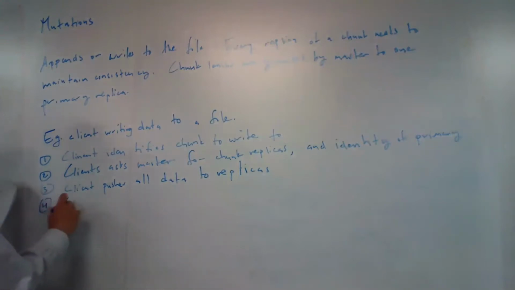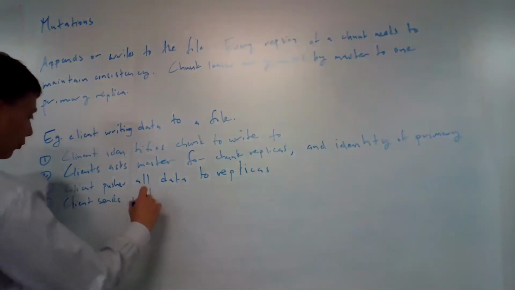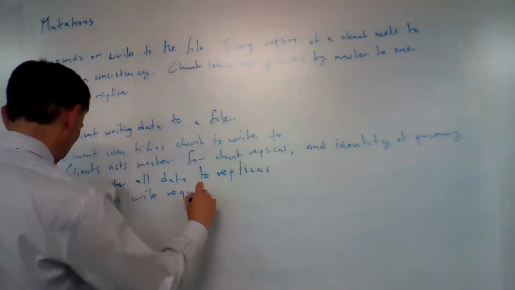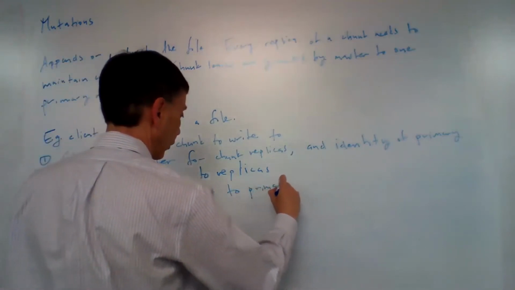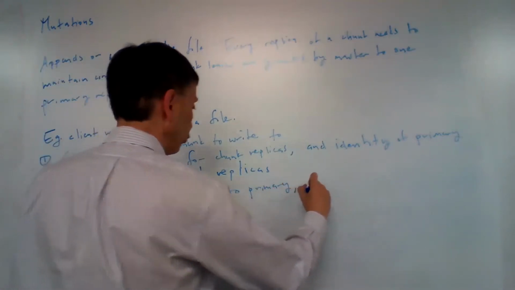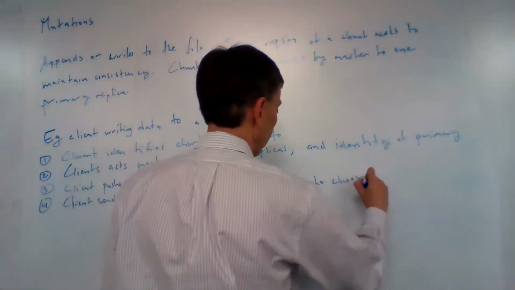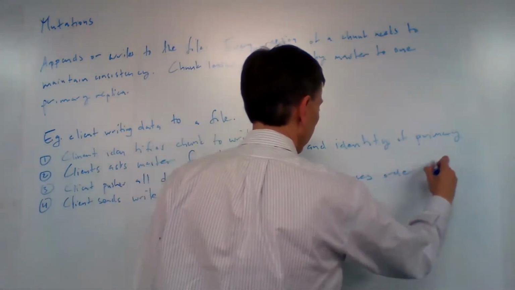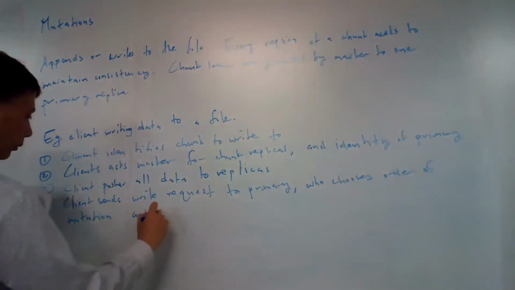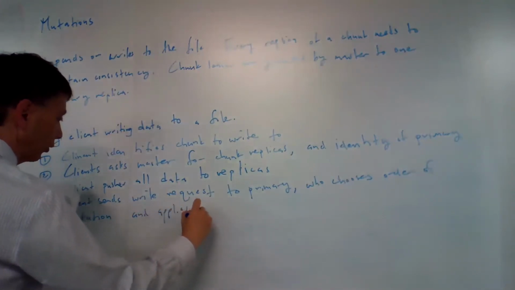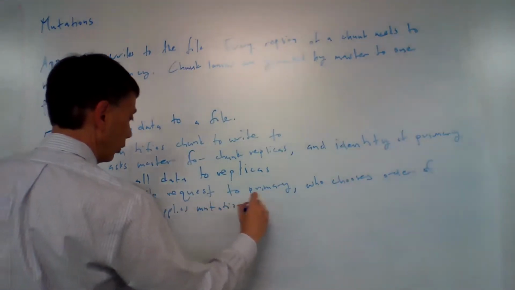So next, the client sends a write request to the primary, who chooses the order of mutation and applies the mutations to the replicas.